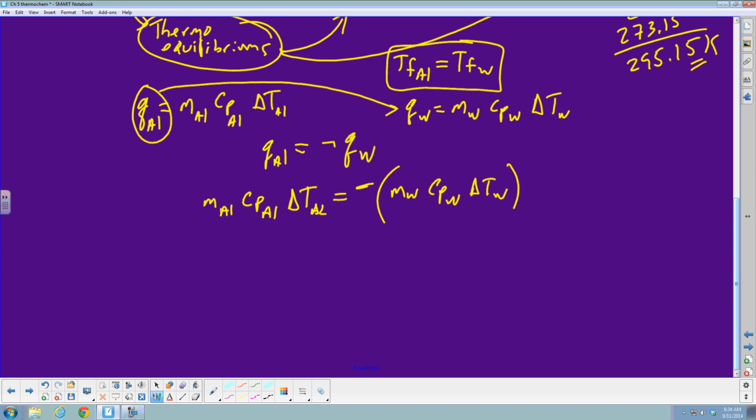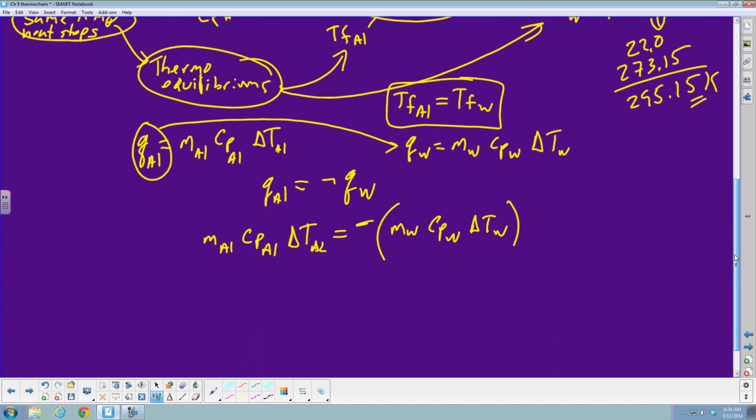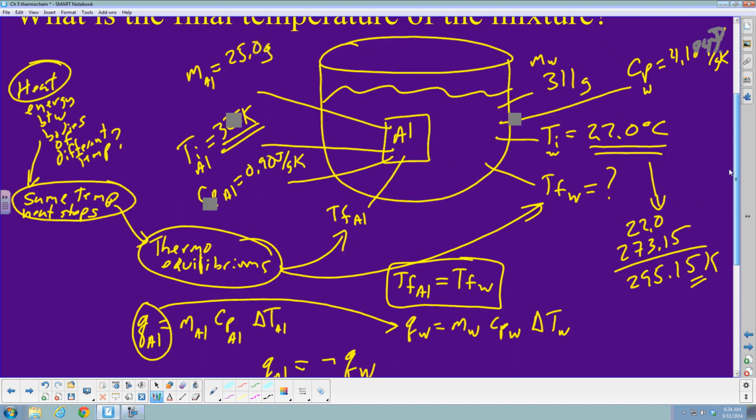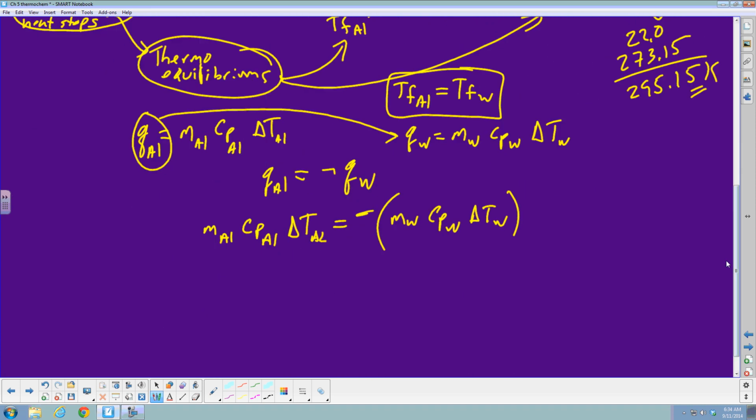Good. Let's start substituting. What was my mass aluminum? 25. So I have 25.0 grams. The C sub P is 0.90 joules per gram Kelvin. My delta T, what's my final T F? We don't know. What's my initial?